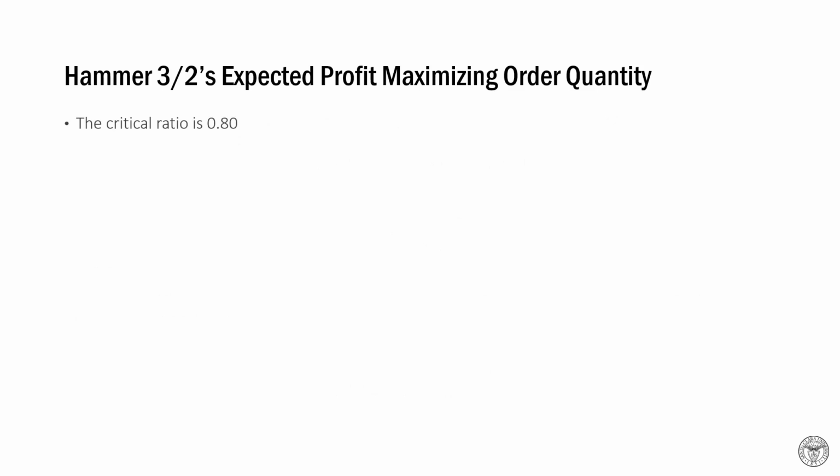Continuing on from where we left off, let's talk about what happens once we have determined the critical ratio. In our Hammer 3/2 case, as we established, the critical ratio is 0.8.